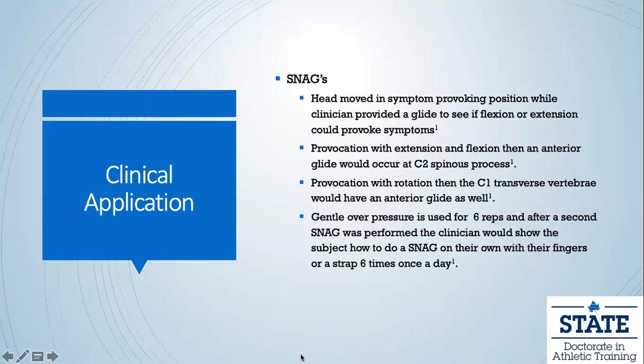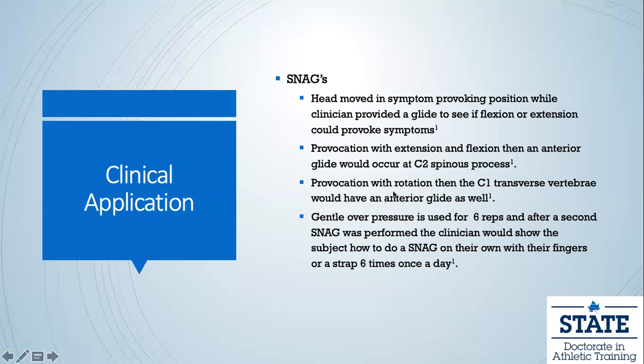So starting off with the SNAGs, the patient's head was moved into a symptom-provoking position while the clinician provided a glide to see if flexion or extension could provoke symptoms. If there was provocation with extension and flexion, then an anterior glide would be provided at the C2 spinous process.